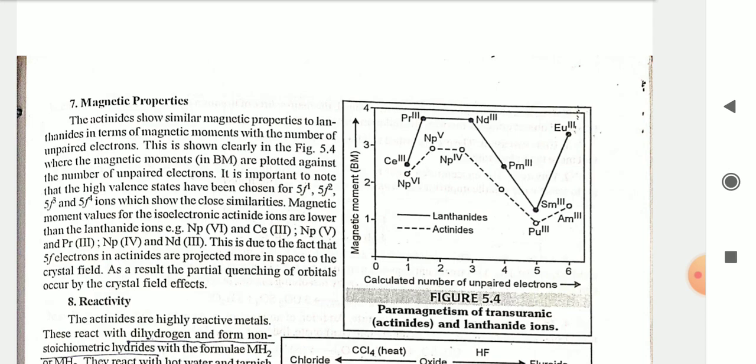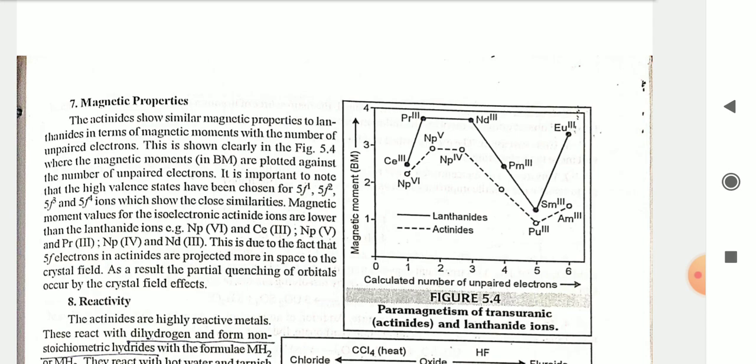Magnetic property. The actinides show similar magnetic properties to lanthanides in terms of magnetic moment with the number of unpaired electrons. This is shown clearly in figure 5.4, where the magnetic moment in BM is plotted against the number of unpaired electrons. It is important to note that the high valence states have been chosen for 5f1, 5f2, 5f3 and 5f4 ions, which show the close similarity.